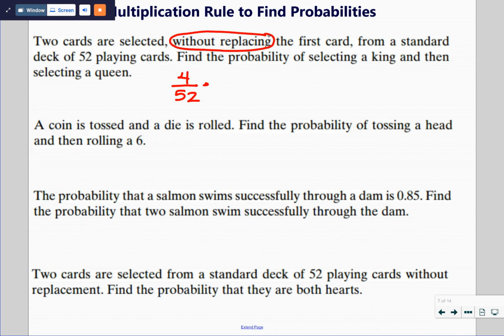I take a king out, so how many cards are left in the deck? And I'm calculating the probability of selecting a queen. How many queens are left in the deck? Still 4. That's what we multiply together: 4 out of 52 times 4 out of 51, approximately 0.006.